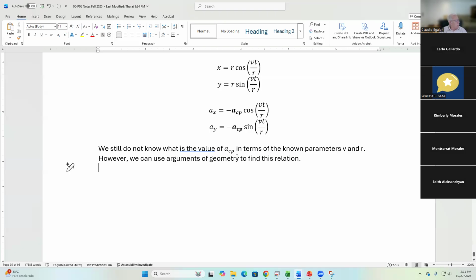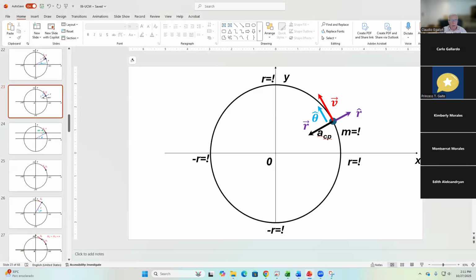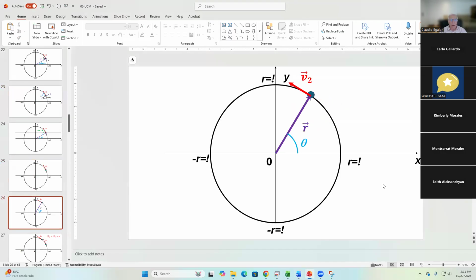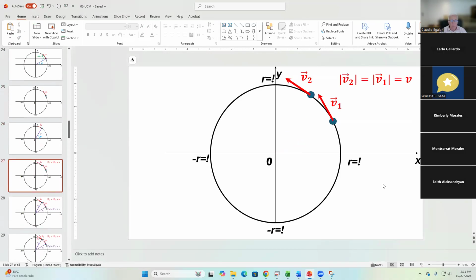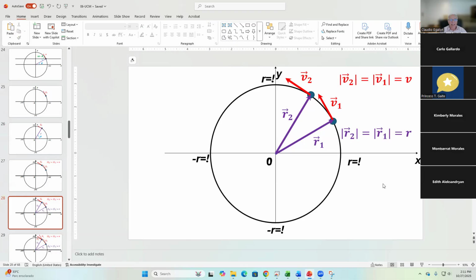And then I have to appeal again to the drawings. Here you go. Here's velocity 1 vector, and here's velocity 2 vector, okay? Velocity 1, velocity 2. We're going to use this drawing. Let me see. Here you go. V1, V2, R1, and R2, right? It's very important that we analyze this drawing.